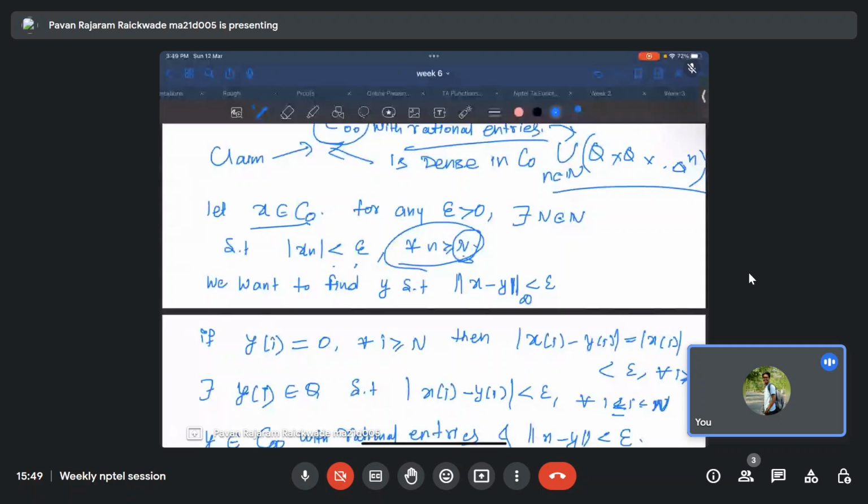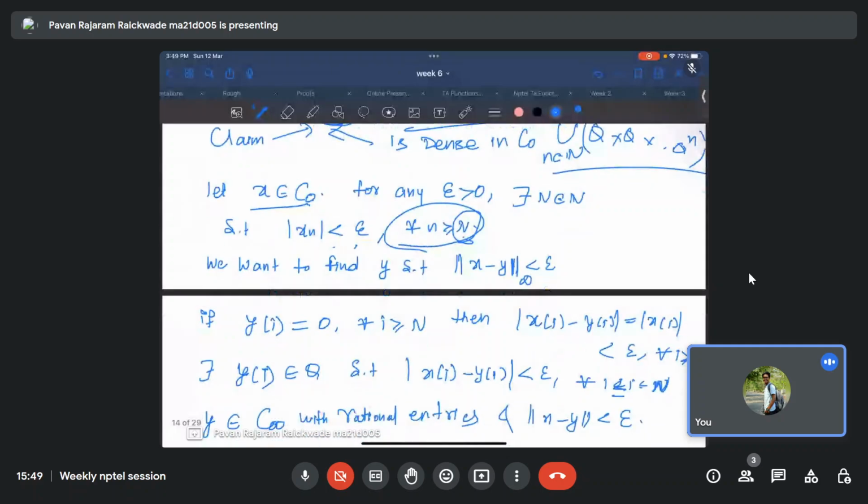If I define y_i as 0 for all i greater than or equal to N, then the modulus of x_i minus y_i is just the modulus of x_i, which is less than epsilon for all i greater than or equal to N. So after capital N, the y's are all 0. Before capital N, you have only finitely many points, from 1 to N.